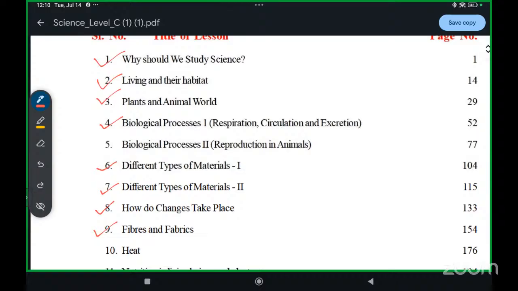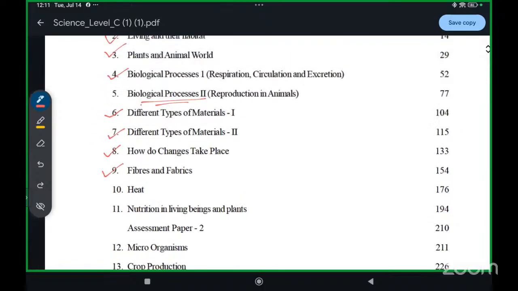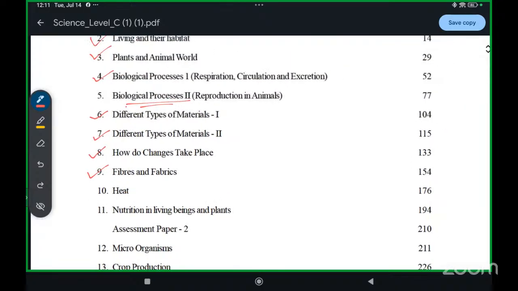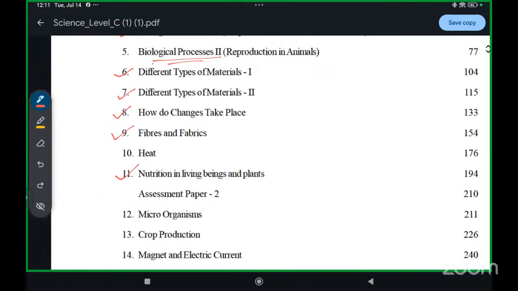And today we will start the fifth chapter, biological processes 2. Once we finish with the fifth chapter, we will start with the 10th chapter. Also, we did 11th chapter, nutrition. If I remember it correctly, we have also done nutrition chapter 2. That is the 11th lesson, nutrition. So, biological processes 2, reproduction, we'll start from there.